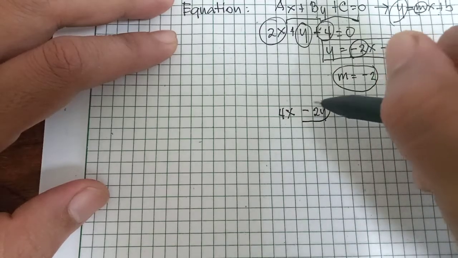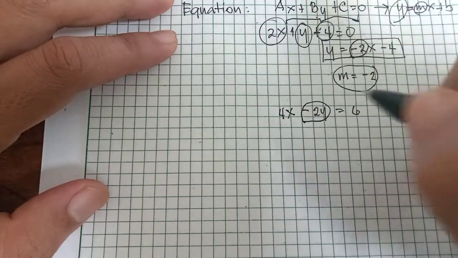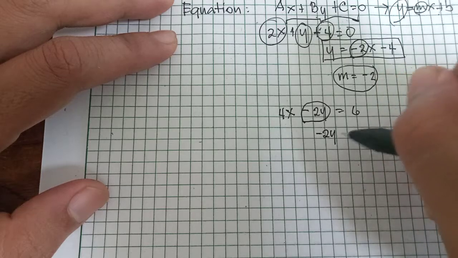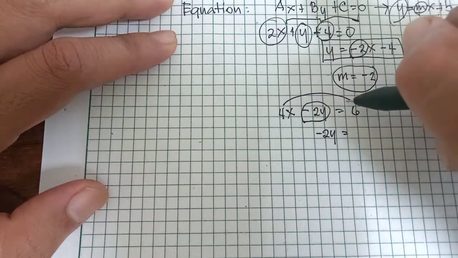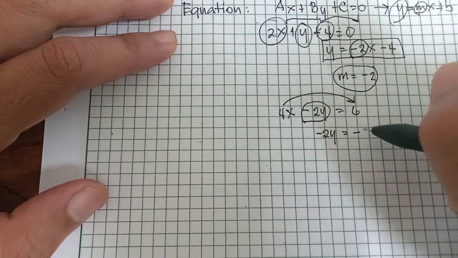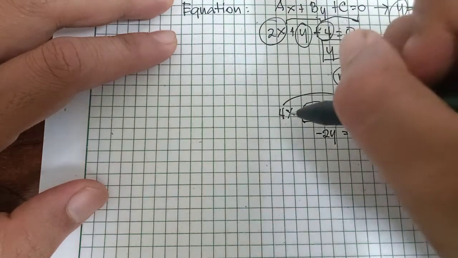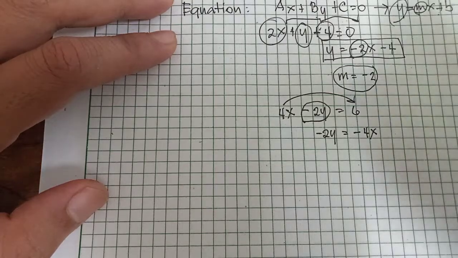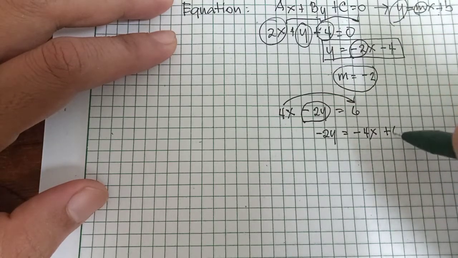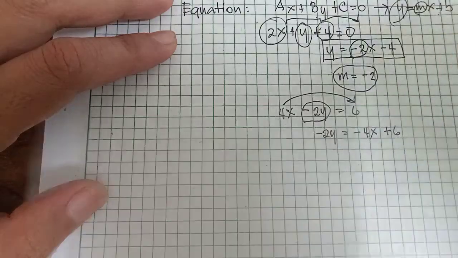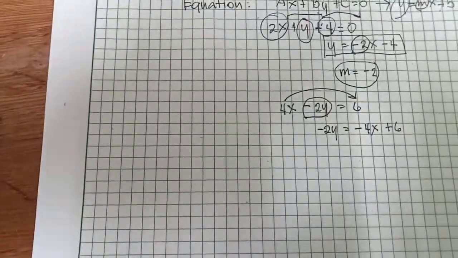So your negative 2y will be written as is on the left side. It becomes negative 2y is equal to our 4x. Transpose that on the right side. It becomes negative 4x since our 4x is positive. And we copy our 6. Still, that is positive because our 6 is on the right side already.